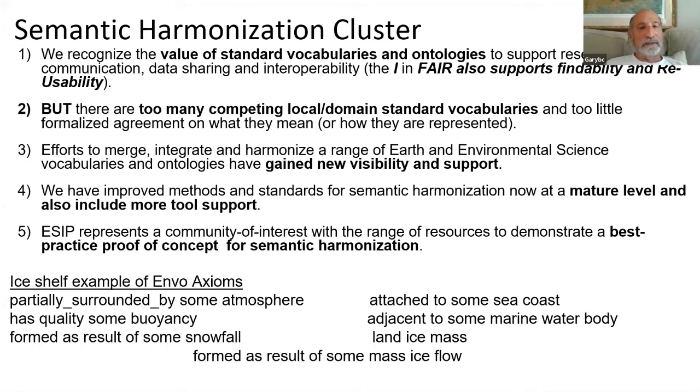So some of it is geographic, that an ice shelf is partially surrounded by something, atmosphere in this case, some quality things such as buoyancy, that's floating, some things on process, such as formed by snowfall, but it also can be formed by mass ice movements, and then more geographical things, attachment to a coast and attachment to a marine body, both ends of what it is hanging out there.